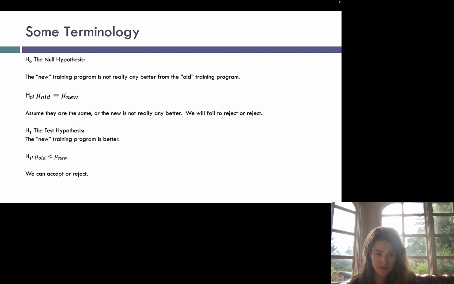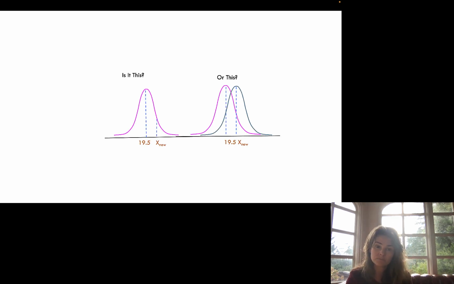The test hypothesis, often denoted H1, is in this case, the new training program is better. In fancy mathematical language, we're testing whether the average from the old training program is less than the average from the new training program. And here, using less fancy language, we can either accept that or reject it.